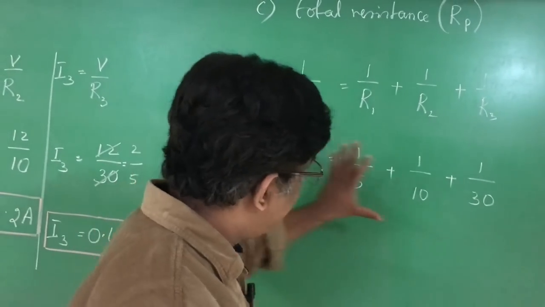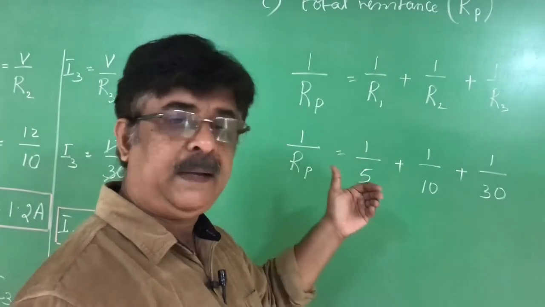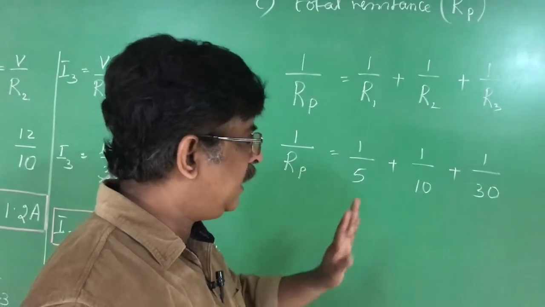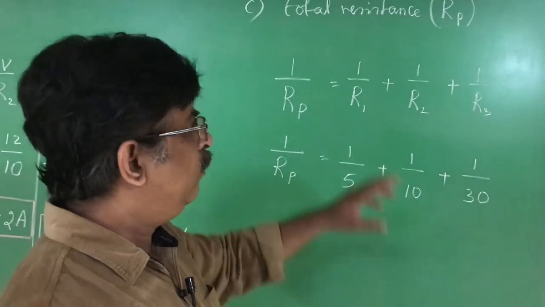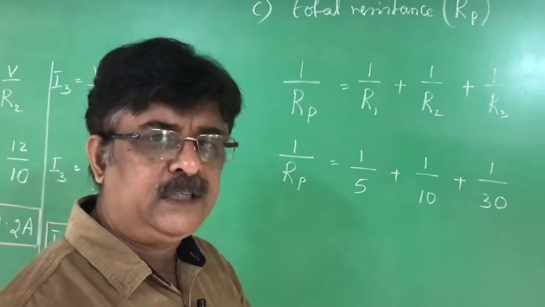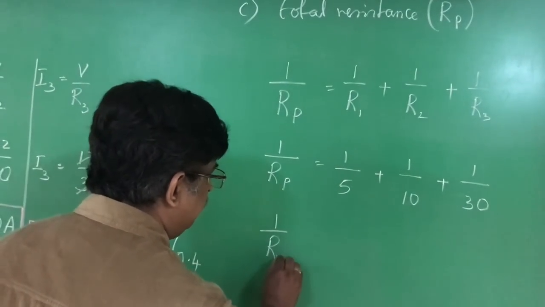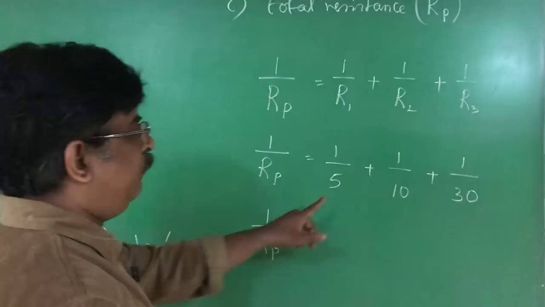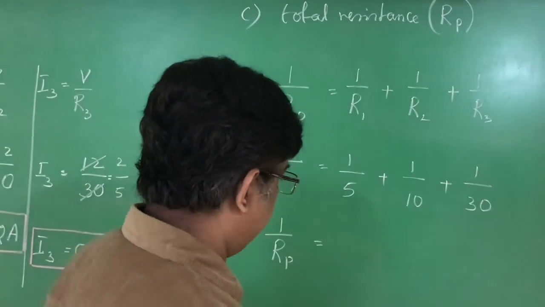Physics part is only this much. The remaining part is mathematics, that too basic mathematics. Don't think that science problems are always difficult. Science problems are so easy. We only have to apply the formula, and later solve using the basics of mathematics. Now 5, 10, 30: the LCM is 30. LCM is always a bigger number. 30.